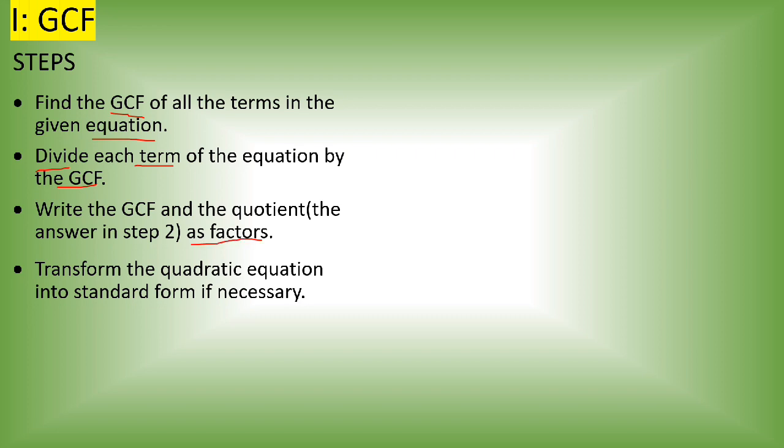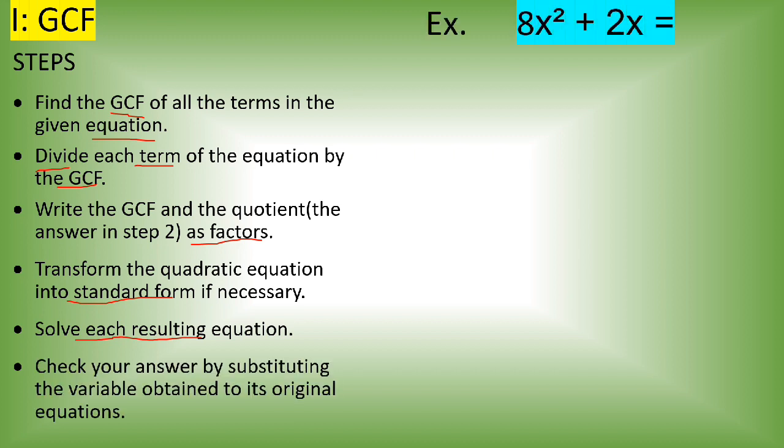And then pagkatapos, i-transform natin ito sa quadratic equation into standard form. Okay? So from quadratic equation to standard form. And then, solve each resulting equation. So, isa-solve na natin siya by equating both the factors by 0. And then, check your answer by substituting the variable obtained to its original equation.